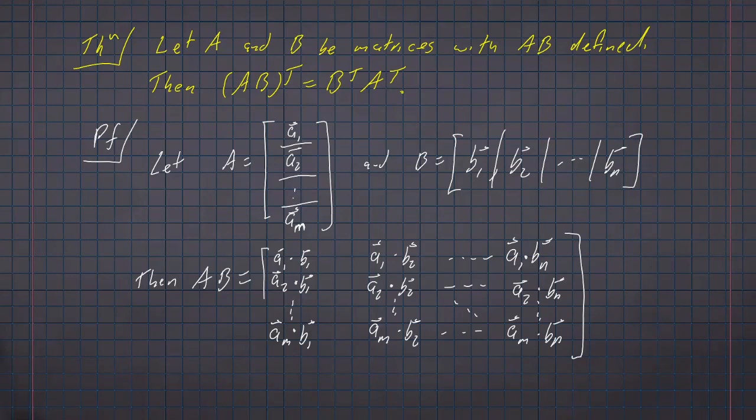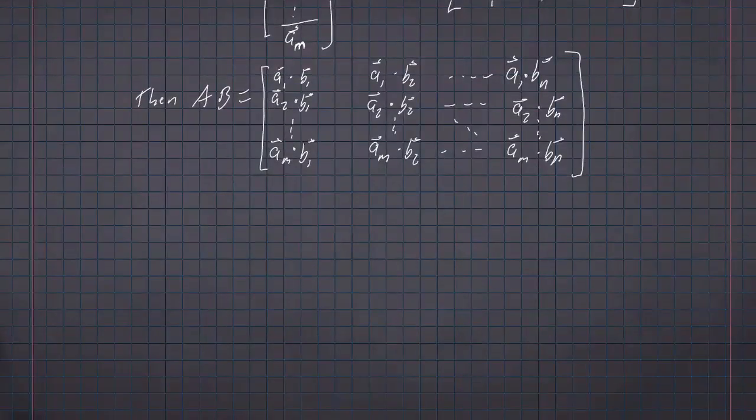all right, so we can multiply two matrices. That's nothing too out of the ordinary. But our goal was not to multiply two matrices. Our goal was to take the transpose of multiplying two matrices. So let's take the transpose of this matrix.